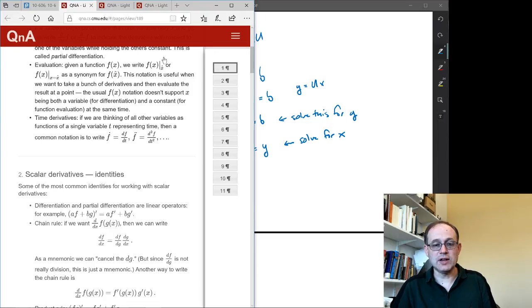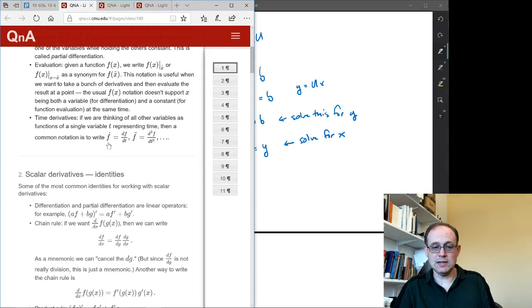So we write a vertical bar with a subscript x hat to say that we're evaluating a function at a particular value. That notation is useful, again, to help make explicit the distinction between things that are variable and things that are constant. So we have to keep something variable while we're taking a derivative with respect to it, but then later we might evaluate it at a constant, and then it becomes constant for the rest of the calculation.